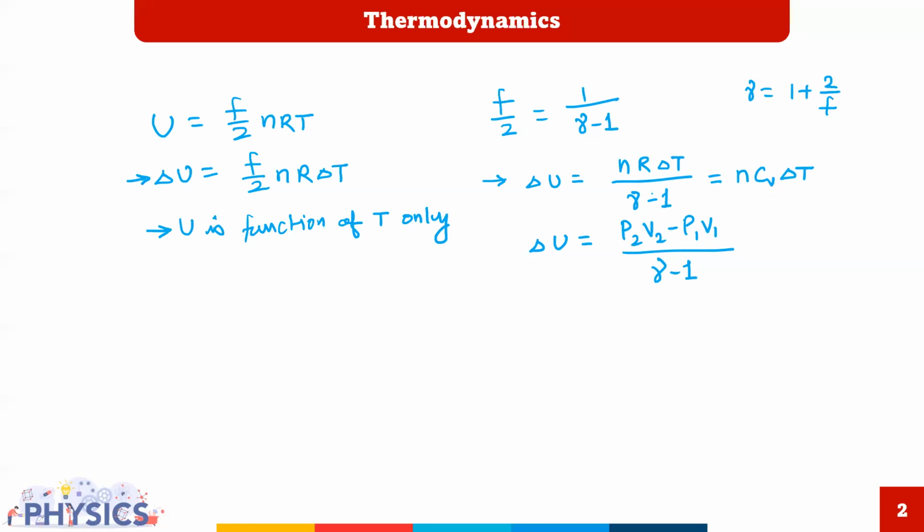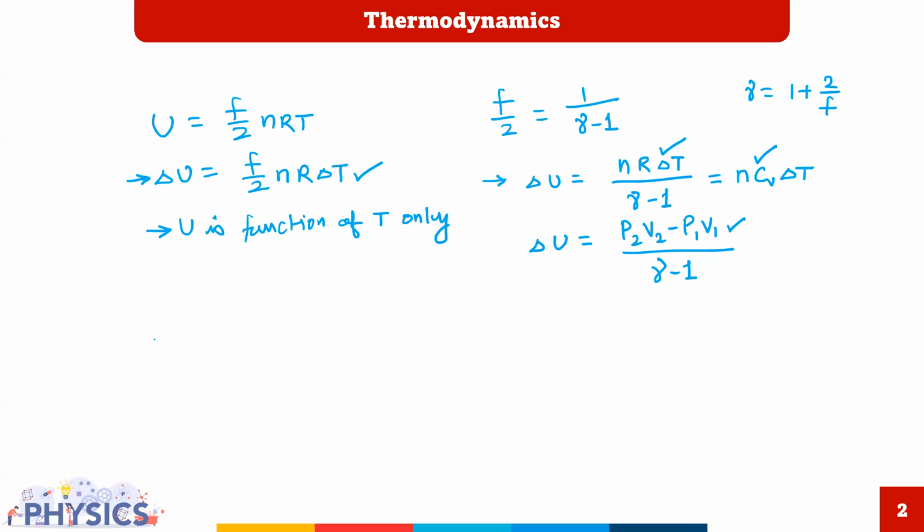Remember, if temperature is not changing, internal energy of the gas will remain constant, and the change in internal energy is zero. This one is in terms of degree of freedom, this is in terms of atomicity of the gas, this is in terms of molar specific heat capacity at constant volume, and this is in terms of pressure and volume.